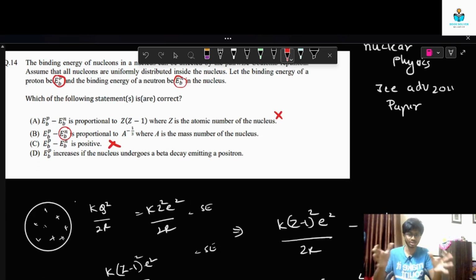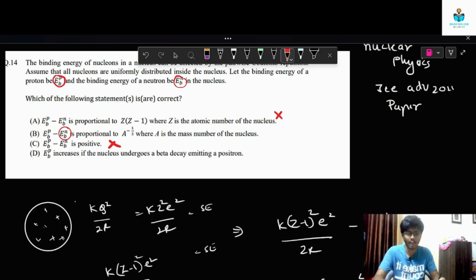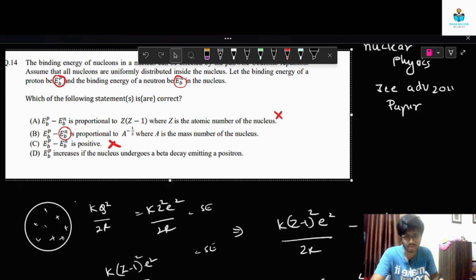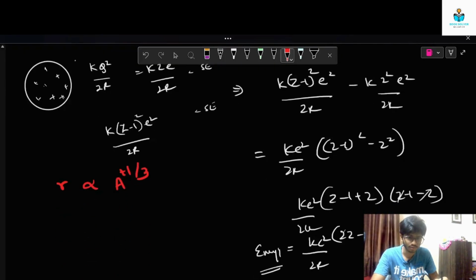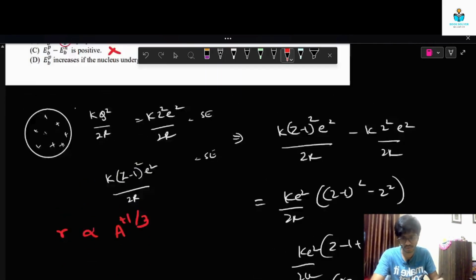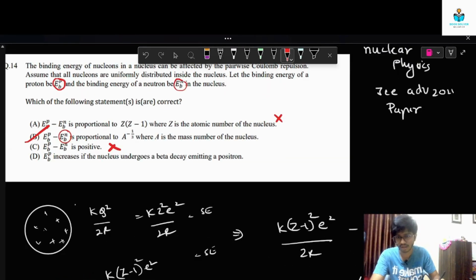So the binding energy difference will be the difference of these two, and that's why we did this. I hope you understand. Now EBP minus EBN is proportional to A to the power, so you need to understand one thing: R is directly proportional to the atomic mass number to the power one-third. So it is inversely proportional to R. So yeah, option B is correct.